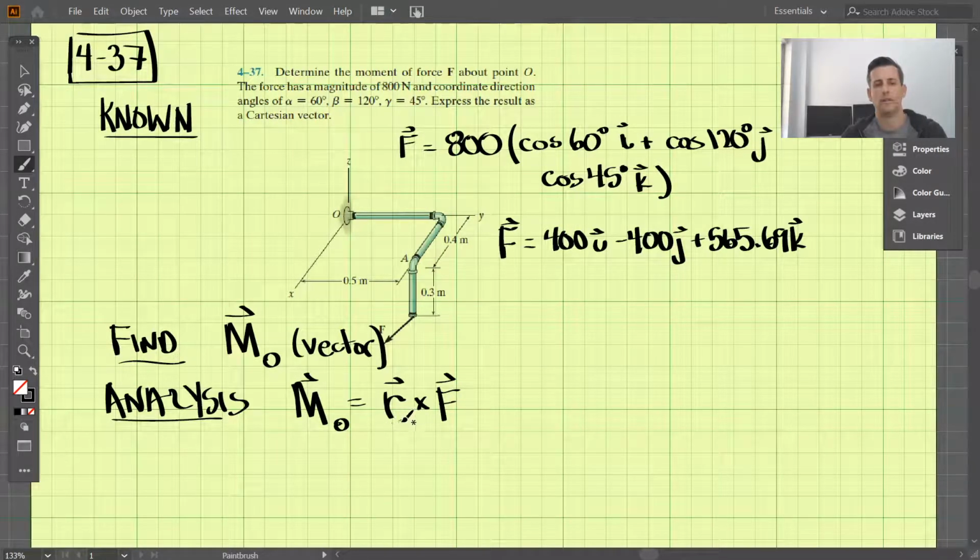Well, R is the vector that starts from the point you're taking the moment about, which is O, to the location where the force is applied, and the force is applied all the way down here. So the vector R, I can draw a straight line there. The vector R is from O to down here. Let's just call that point A. So this here is vector ROA.